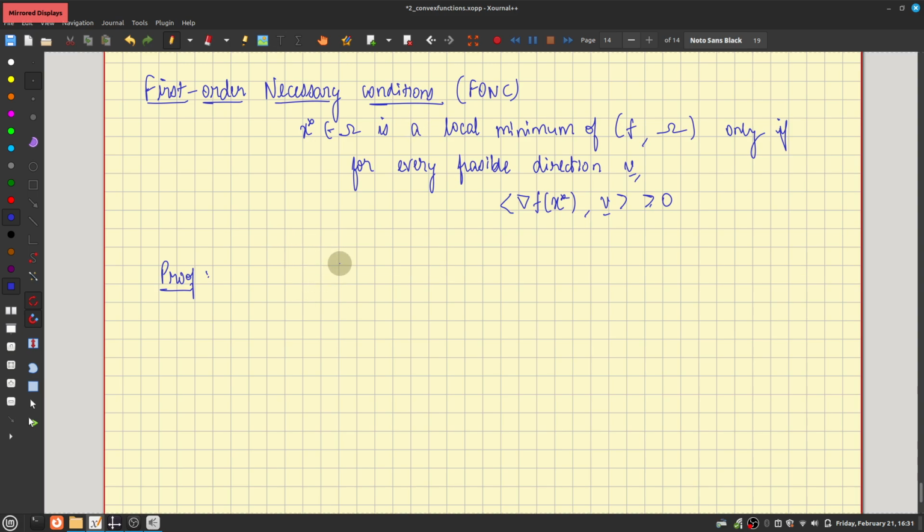So we know that we can write f of x to be equal to f of x star plus gradient f of x star times x minus x star plus something that decays much faster than norm of x minus x star.